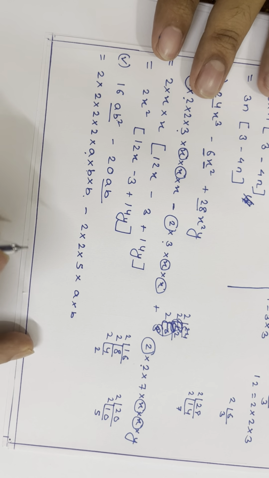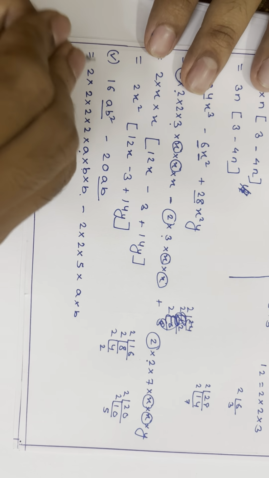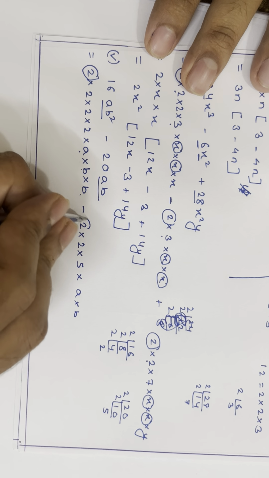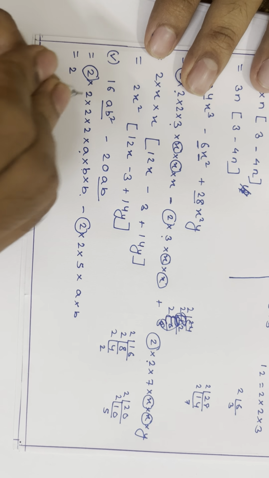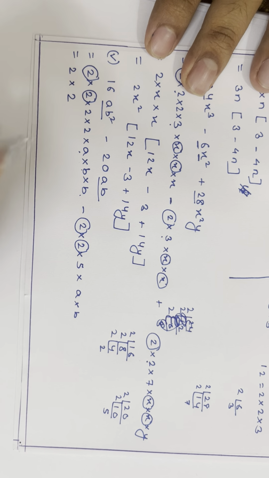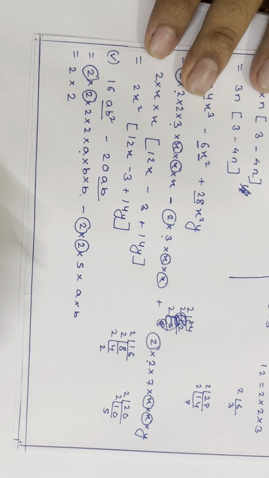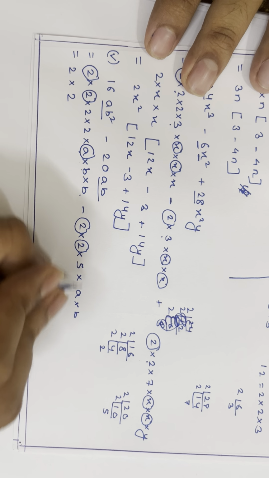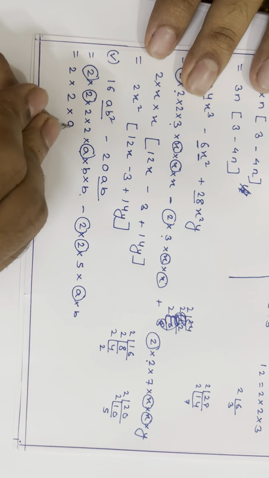What do we have common in both the terms? If you look carefully, 2 is here also, 2 is here also. So 2 will come common. Again, one more 2 is here also, one more 2 is here also. So this 2 will also come common. Now what about a? I have got a here, I have got a here. So a will also come common.